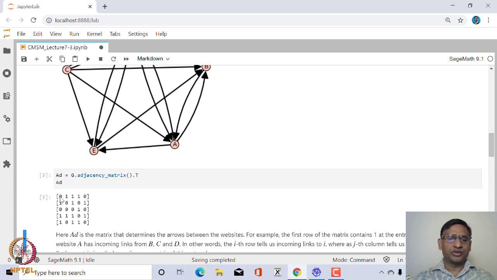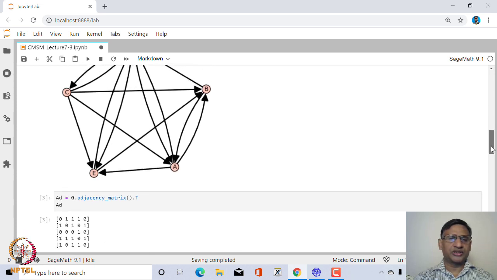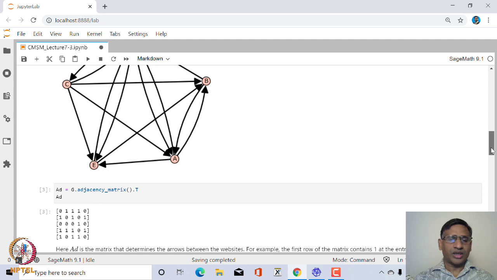For example, let us look at the second row. Second row corresponds to the node B. If you look at the node B, you can see there is a link from C to B, there is a link from E to B, and then there is a link from A to B.